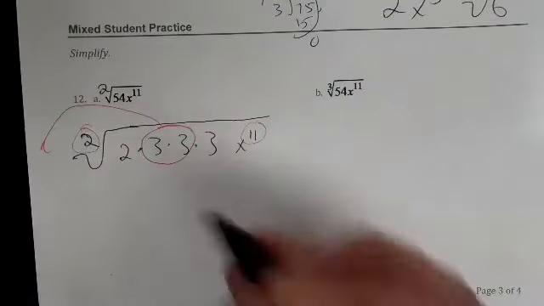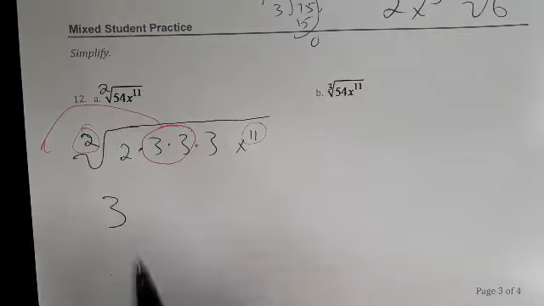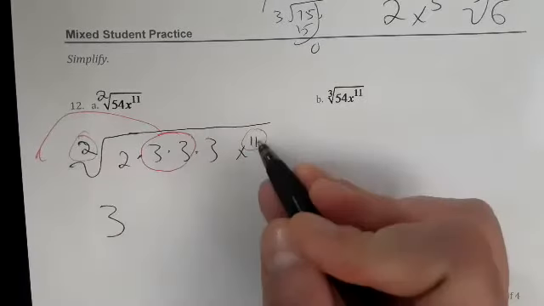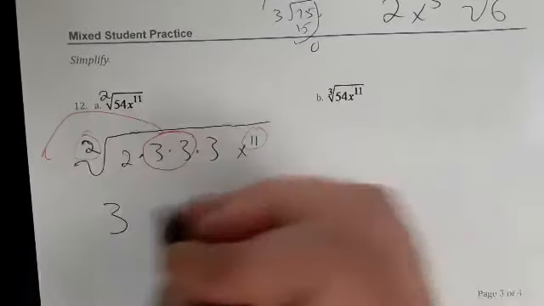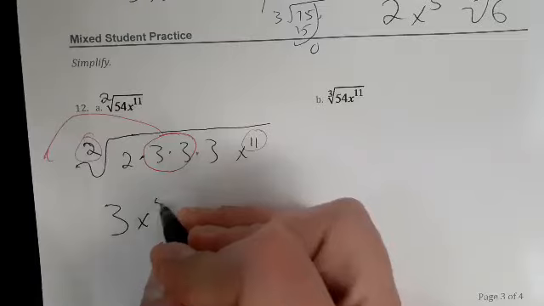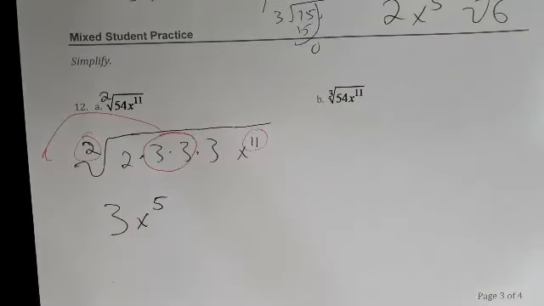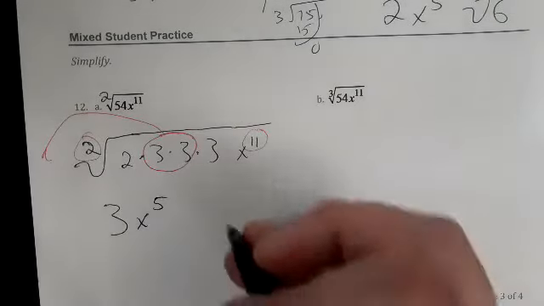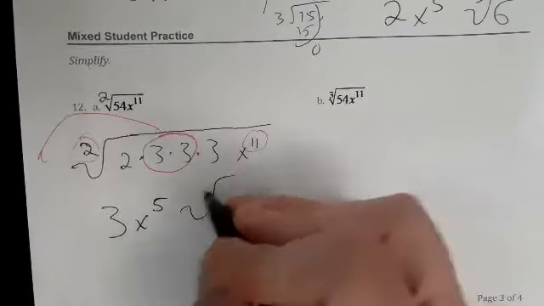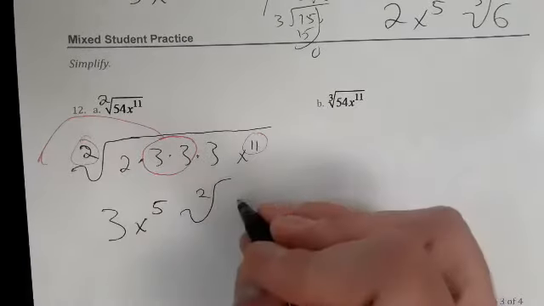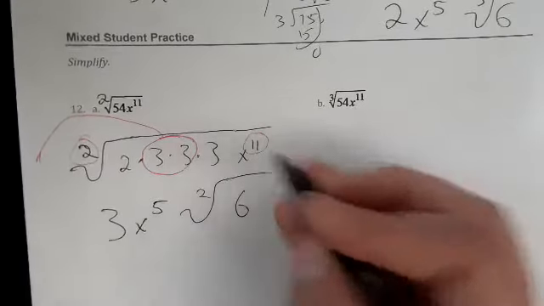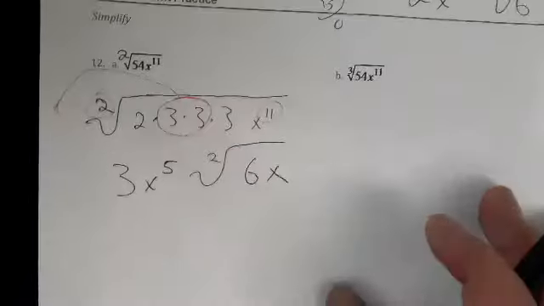This is going to give me 5, which is 10, and I'm going to have 1 remaining. So I have 2 times 3 is going to give me 6, and I have a single x remaining underneath.